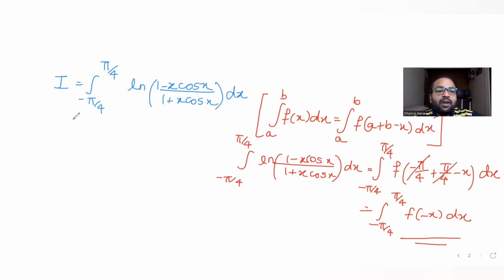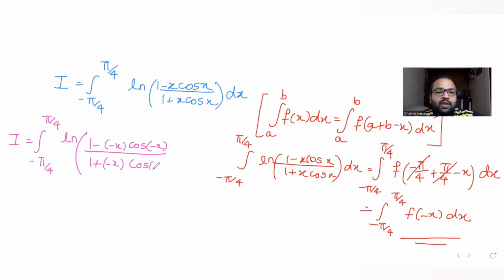Now if I write this same I, it becomes the integral from minus pi by 4 to plus pi by 4 of log of (1 minus minus x cos of minus x) upon (1 plus minus x cos of minus x) dx.